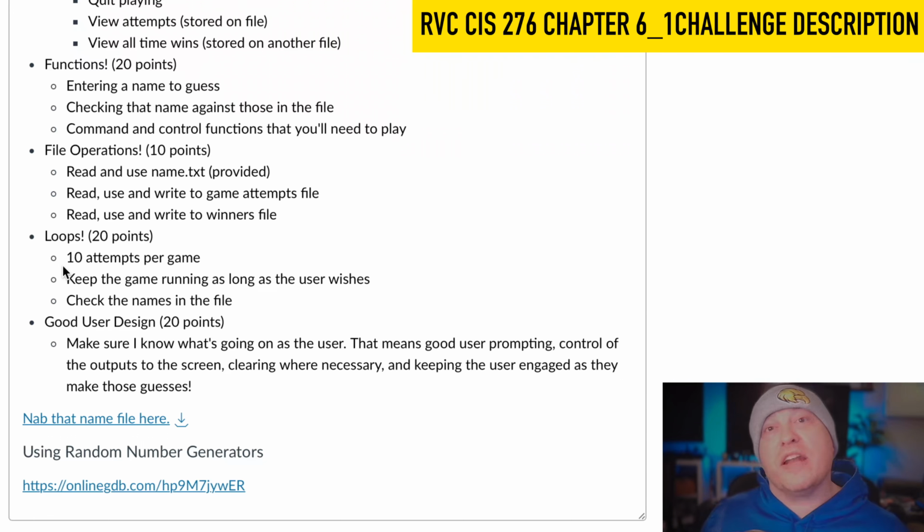Another set of functions for command and control. Like I mentioned before, calling the menu, quitting the game, things of that nature. What you want to do is run the states of the game, how you are actually maintaining the game as you move forward. You want to run all of those things through functions because, number one, it is easier.